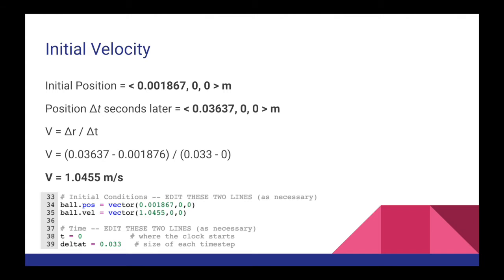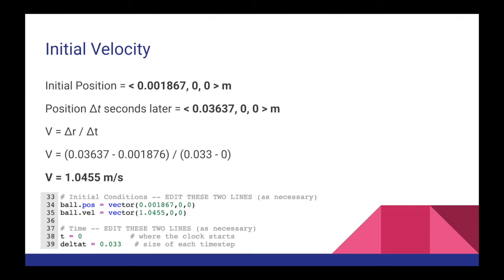Our initial position vector, which is only non-zero in the x direction as we are looking at an object that does not change direction, is 0.001867 meters. Our second position vector, or the position that we observed after 0.033 seconds, is 0.03637 meters.